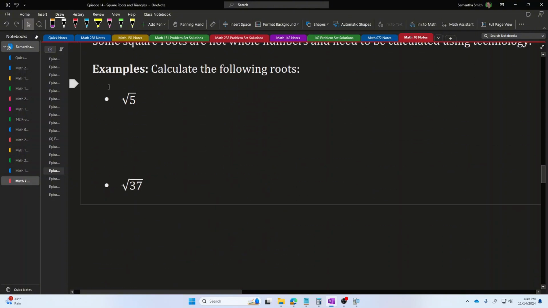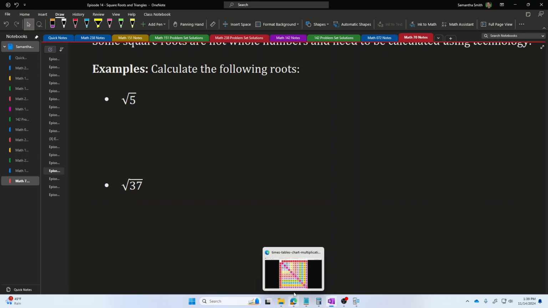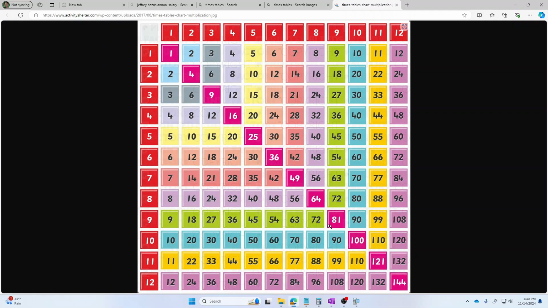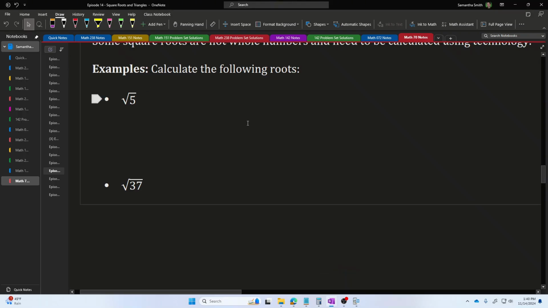But if I ask you, for example, for the square root of 5, and if I look on my times table for an entry of 5 on the diagonal, I do not see an entry called 5 on the diagonal of my times table. And this is an indication that the square root of 5 is not going to be a nice whole number. So I am going to use a calculator to help me to find the square root of 5 in this situation.